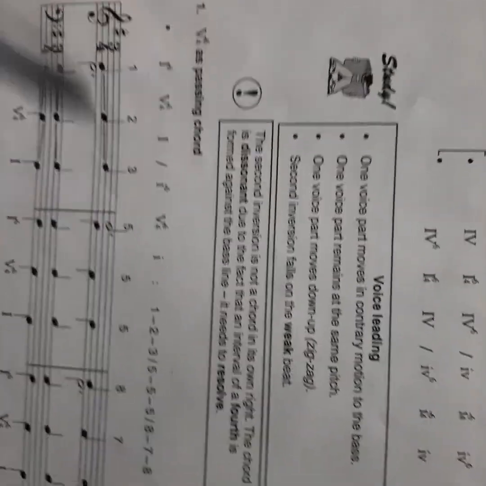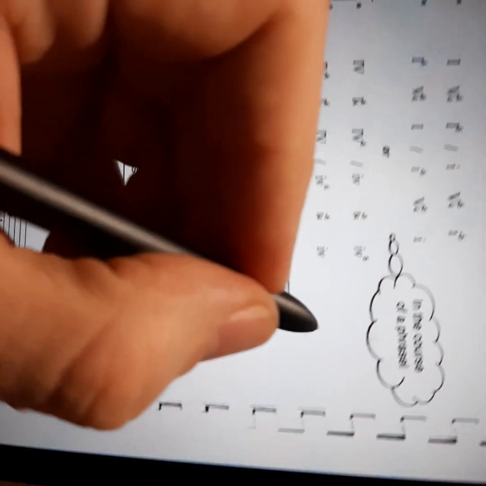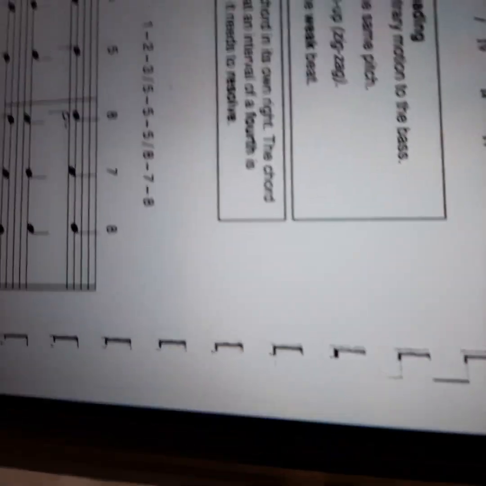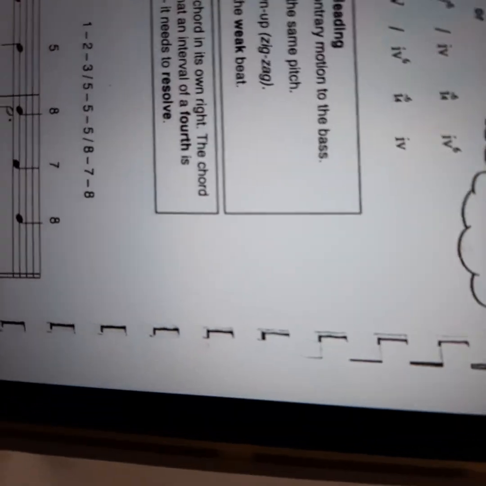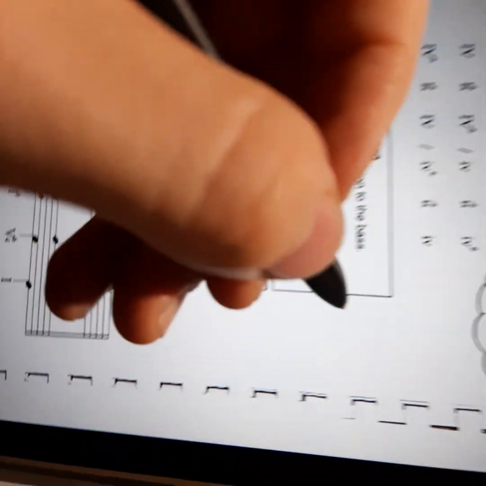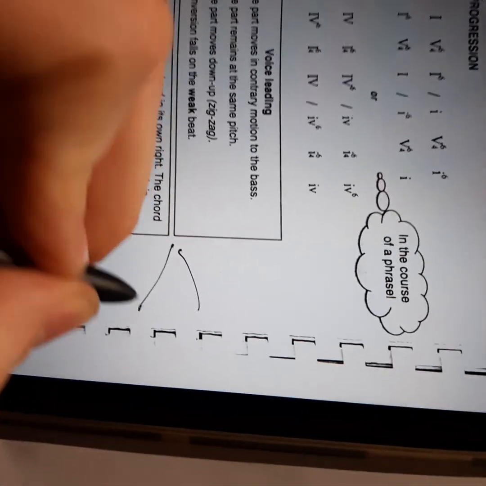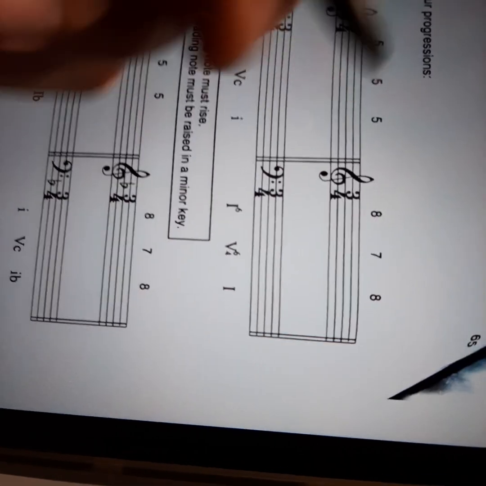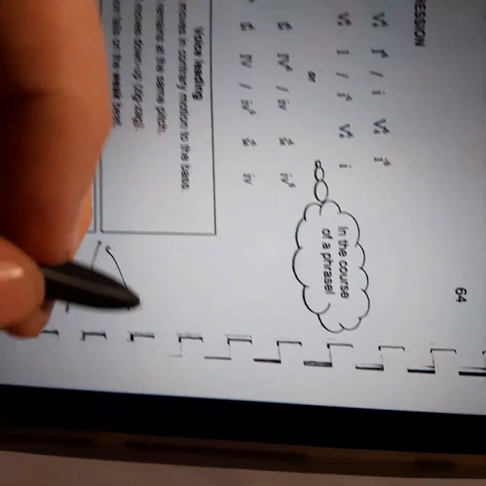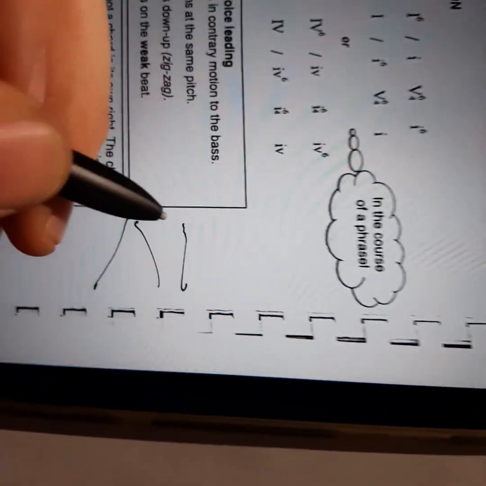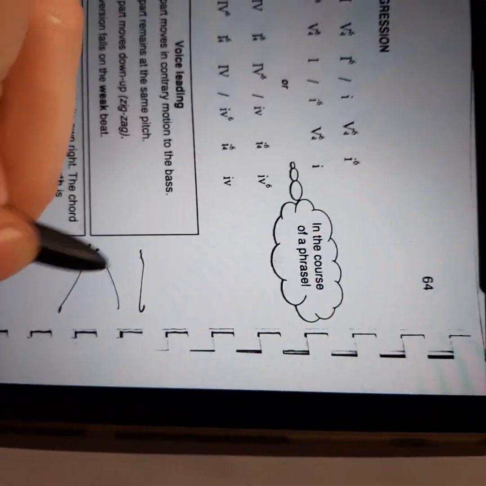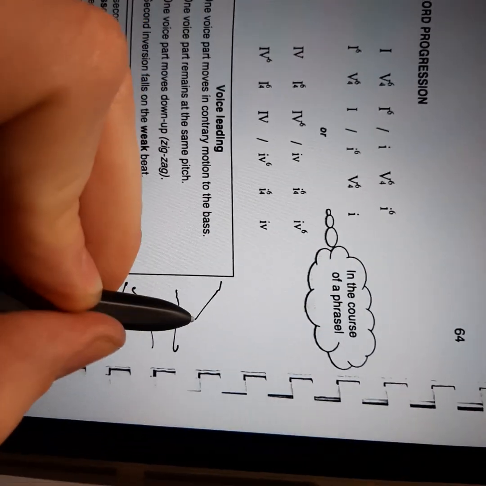What is important here is that we will always have the same voice movement in every single version of this chord. One of our voices will always be moving upwards stepwise. One of our voices will always be moving downwards stepwise. There will always be one of our voices staying the same, and we will always have one voice moving in a triangle pattern.